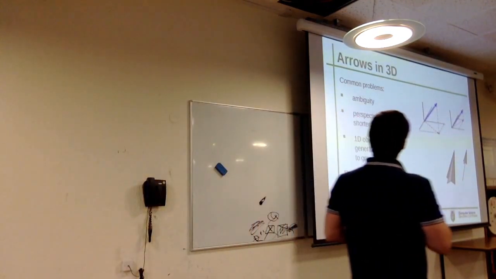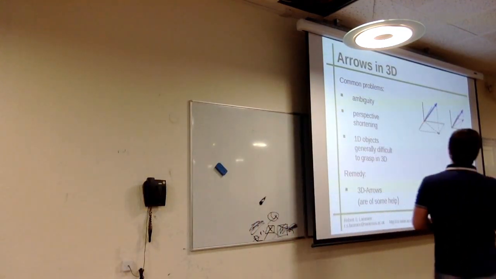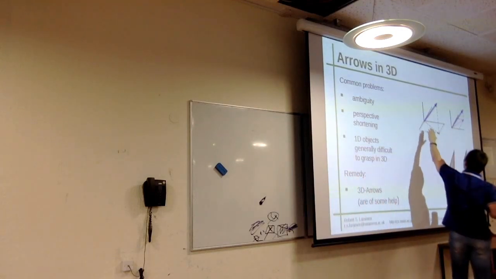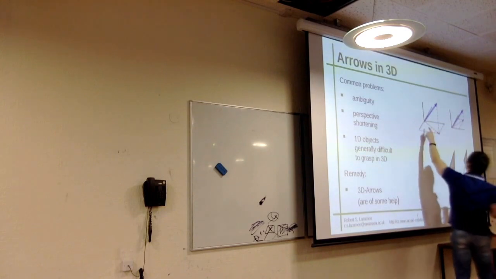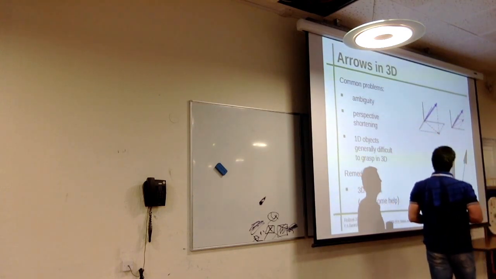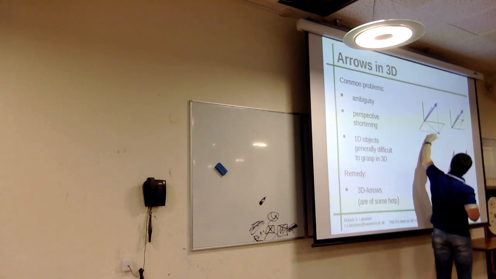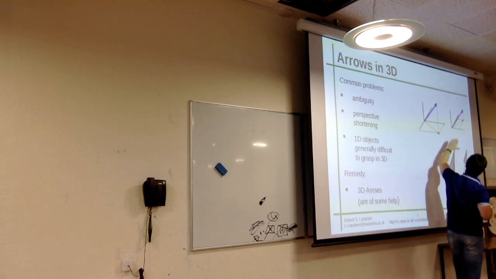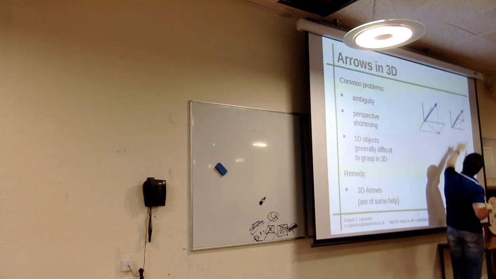We could add shading to help with the three-dimensional perception. By the way, this arrow and that arrow look exactly the same, even though they're pointing in different directions. So that's the arrow being projected down, right? And it's pointing forward. That's the same arrow, but it's projected down and backwards.